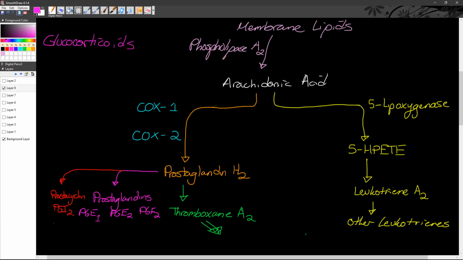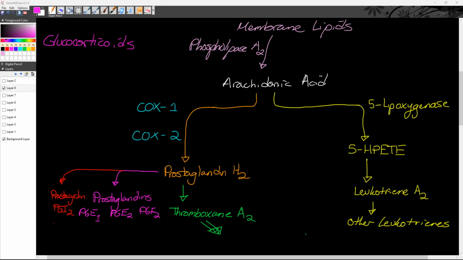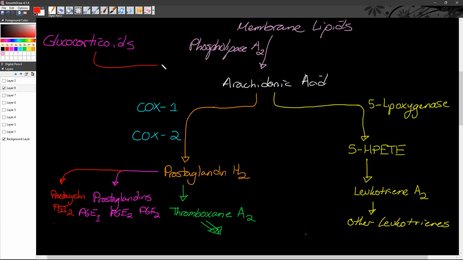The first is that glucocorticoids have a direct inhibition on phospholipase A. So they are preventing the production of arachidonic acid specifically by working on the precursor enzyme.